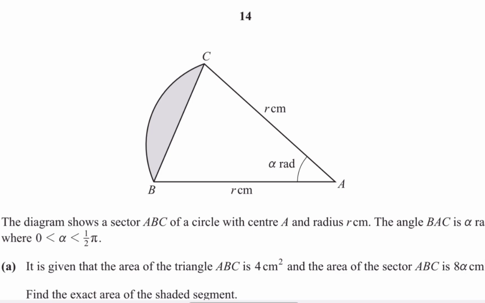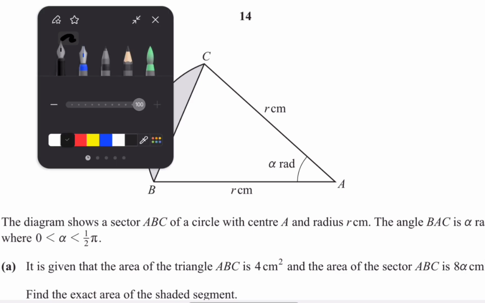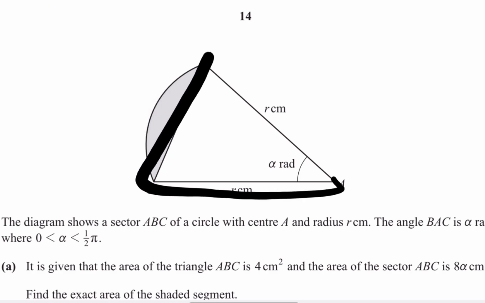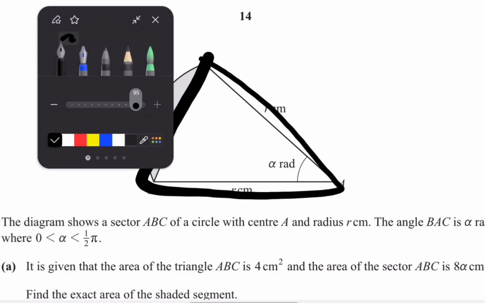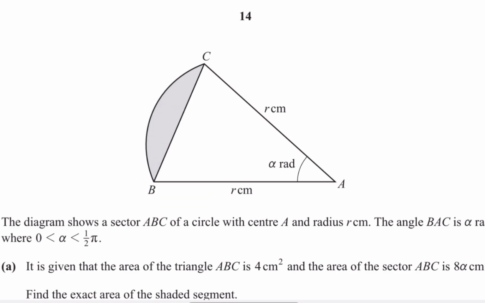Part A says it is given that the area of the triangle ABC is this triangle right here, and they're saying it's 4 square centimeters, and the area of the sector ABC is 8 alpha square centimeters.